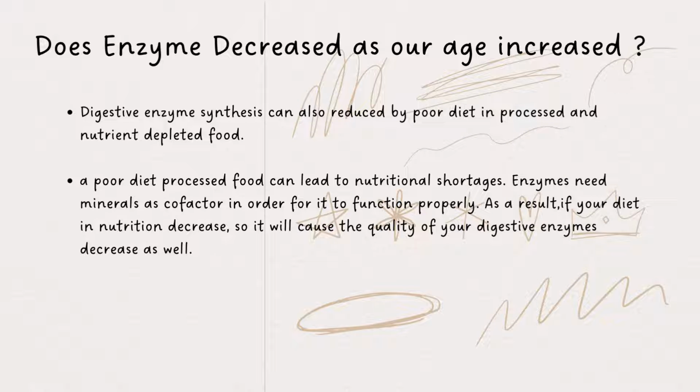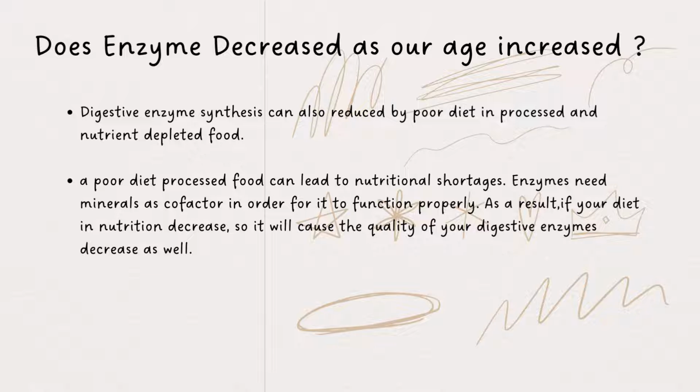Digestive enzyme synthesis can also be reduced by a poor diet of processed and nutrient-depleted food. A poor diet of processed food can lead to nutritional shortage. Enzymes need minerals as cofactors in order to function properly. As a result, if your dietary nutrition decreases, the quality of your digestive enzymes decreases as well.